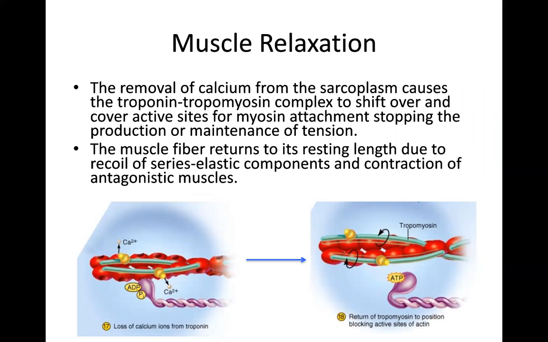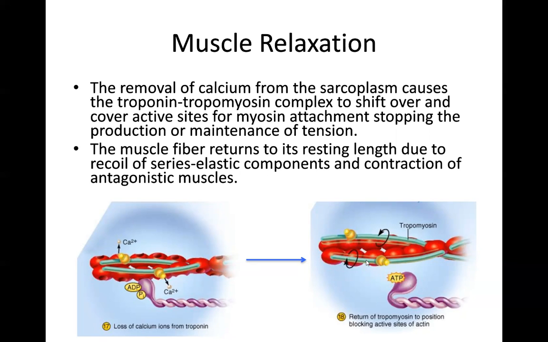And if there's calcium being removed from the sarcoplasm, it means it's being removed from the thin filament. It's been taken away from the troponin, which means that the tropomyosin is going to shift back and cover those binding sites. And therefore, even if that myosin head was in the correct position, which it's not right here, it's not going to be able to bind to the actin anymore.